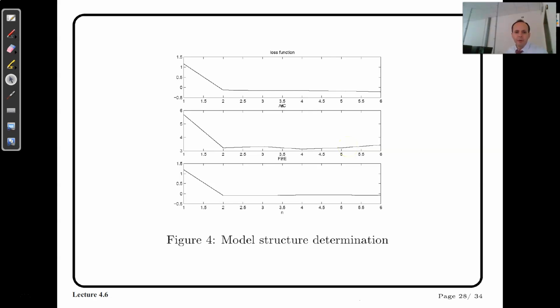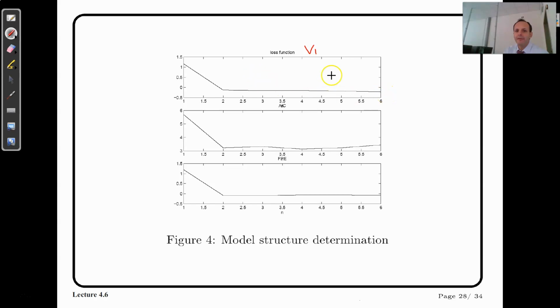This is a typical behavior. For example, we have the loss. This is the behavior of V1 that is asymptotically decreasing, and then we have a second graph, the Akaike information criterion, and the final prediction error is this one. So as you can see here, the loss function is asymptotically decreasing.